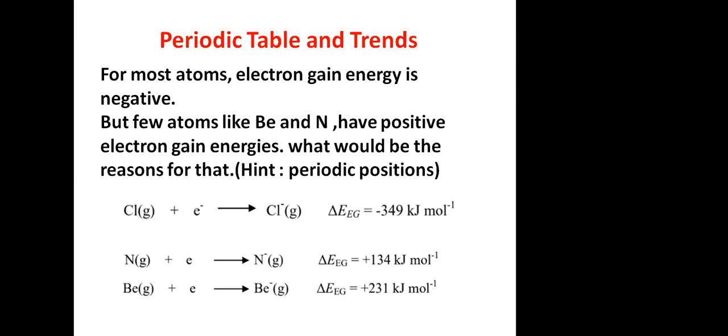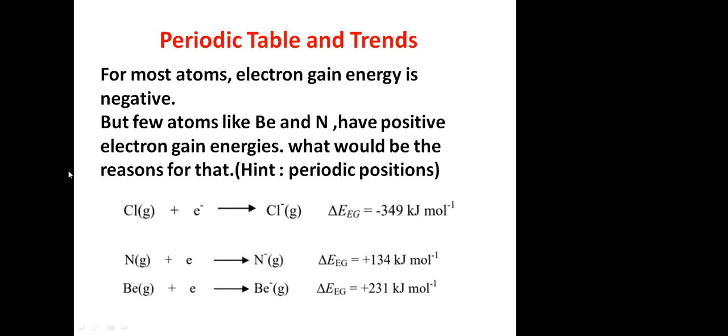For most atoms, electron gain energy is negative, but there are a few atoms like beryllium and nitrogen that have positive electron gain energies. So what would be the reason for that? Here I have shown you the electron gain values for relevant atoms also. So this question is very simple.